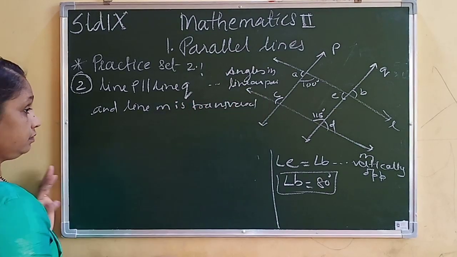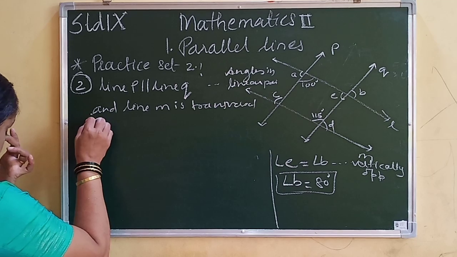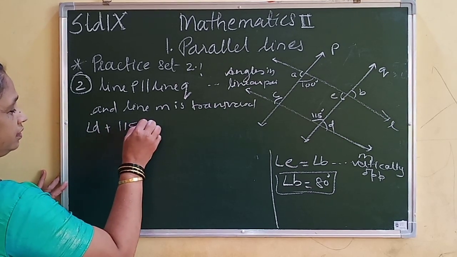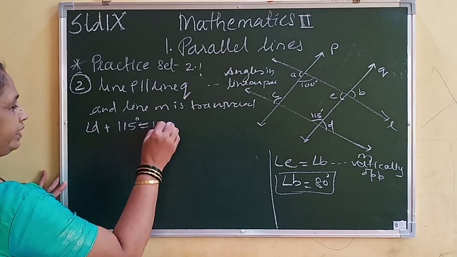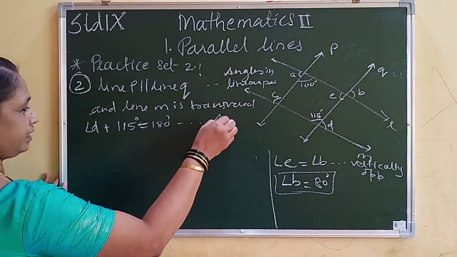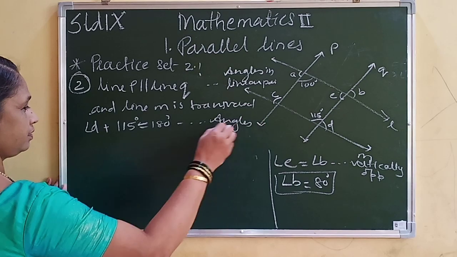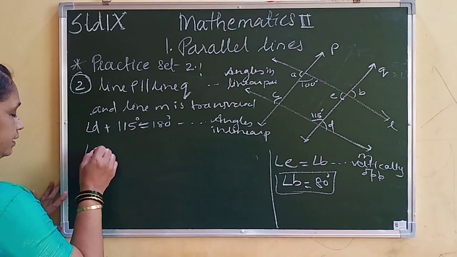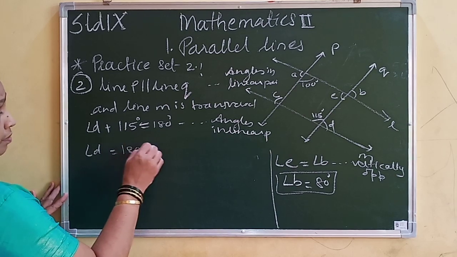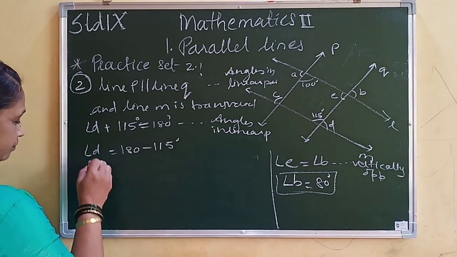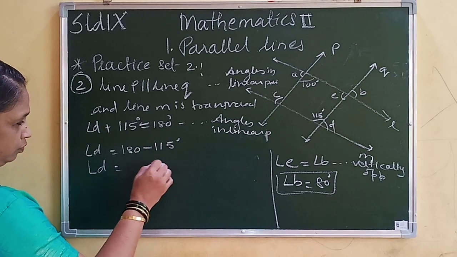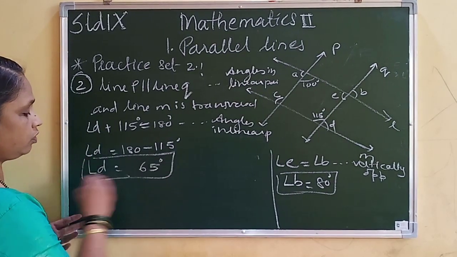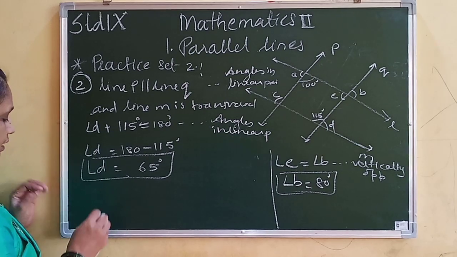Okay, then angle D plus 115 is equal to 180 degrees, angles in a linear pair. So angle D is equal to 180 minus 115. So angle D is equal to 65 degrees. Okay, angle D is equal to 65 degrees.